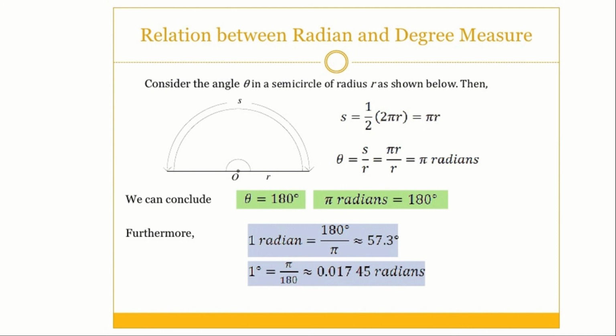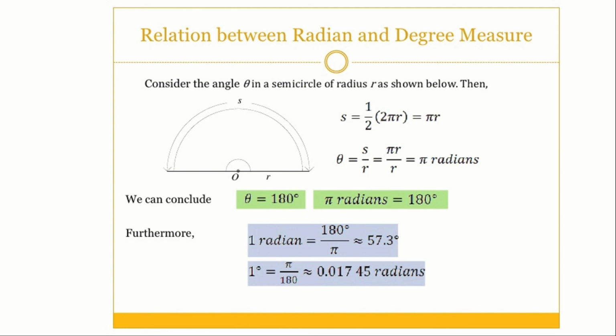And theta is equal to S by R, pi r by r, the r gets cancelled, so pi radians. So we can conclude that theta is equal to 180 degrees, pi radians is equal to 180 degrees. Therefore, 1 radian is equal to 180 by pi and 1 degree is equal to pi by 180.